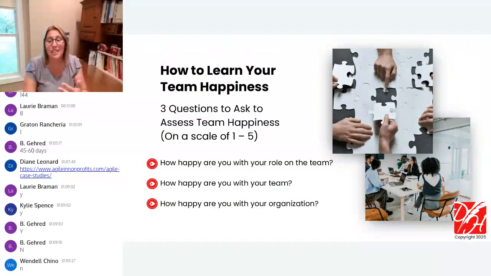And usually this is being asked on a 1 to 5 scale. Sometimes it's asked anonymously. Sometimes it's asked and the team has agreed that we can talk about it. We could type our numbers into the chat. Sometimes it is done in a really fun, lighthearted way.